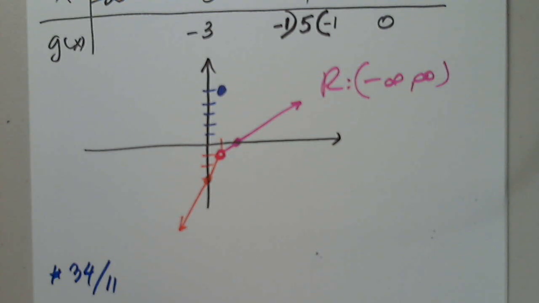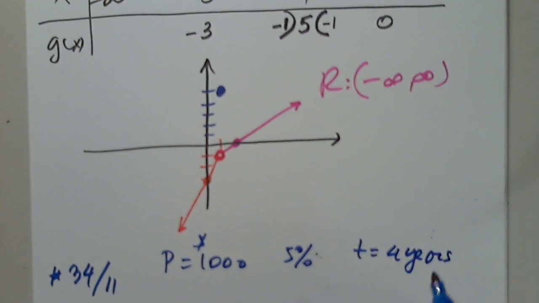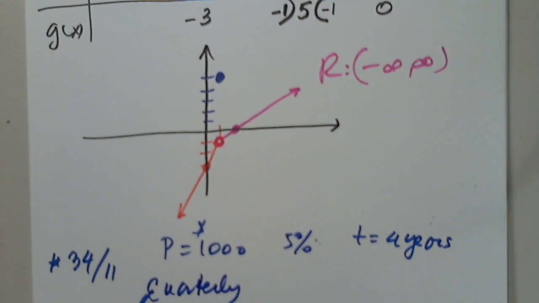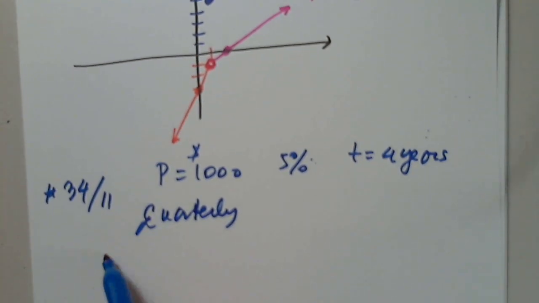We are given a deposit of $1,000 at 5% and for 4 years. And the interest is compounded quarterly, let's say. How do I determine the accumulated value? I want to find the accumulated value. What is the formula for the accumulated value?